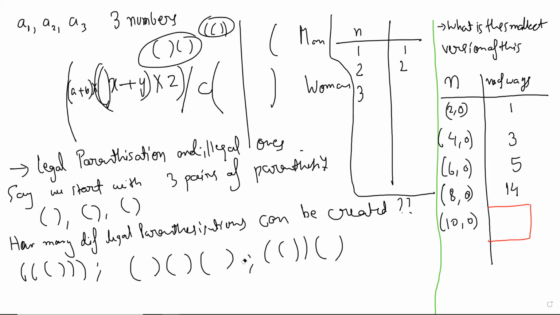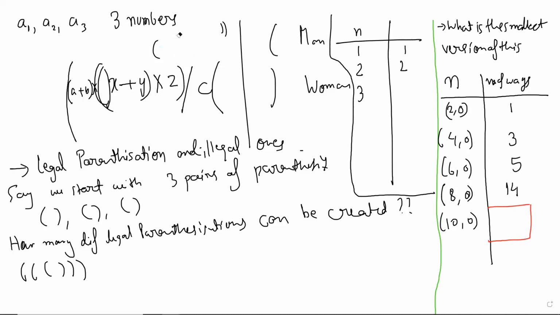Let's just get the answer first. When there are three pairs of parentheses, not only two, more than three. We already wrote kind of three. Yes, three pairs of parentheses, right? Because three does make sense. Three pairs, yeah.